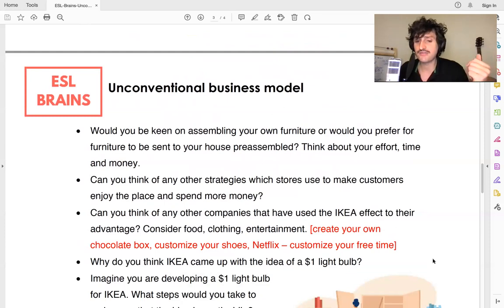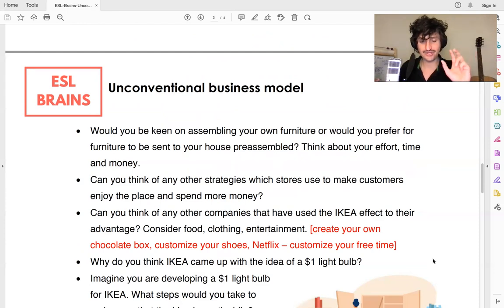Right. So can you think of other companies that have used this IKEA effect to their advantage? Think about food, clothing, entertainment. Okay. So, for example, Netflix, they customize your free time. You can choose, right? For example, I don't know. That's controversial because a lot of people are against Netflix right now. They've lost a lot of money.